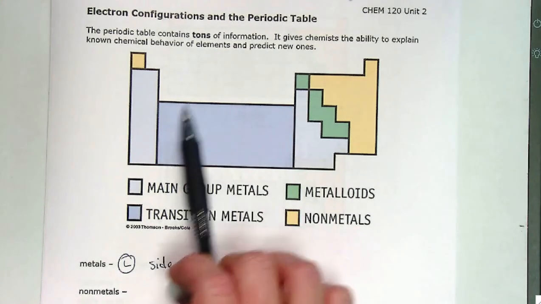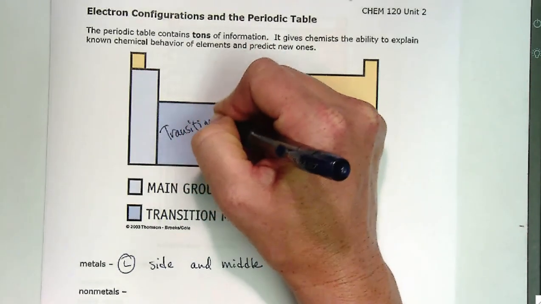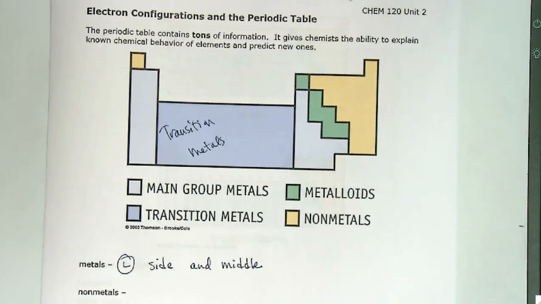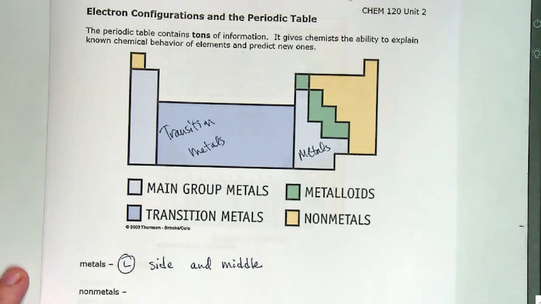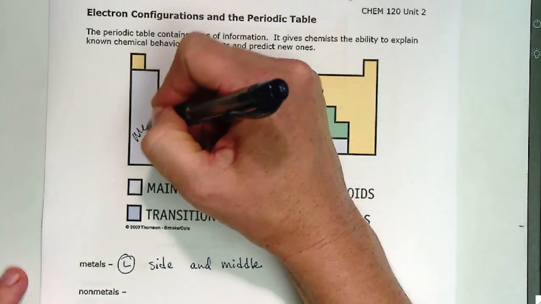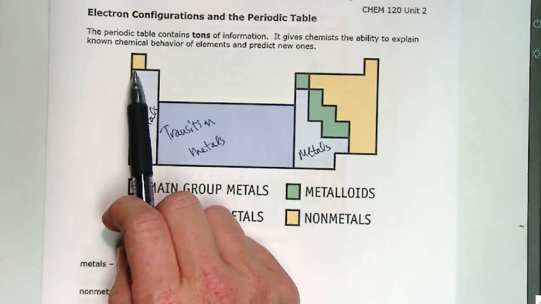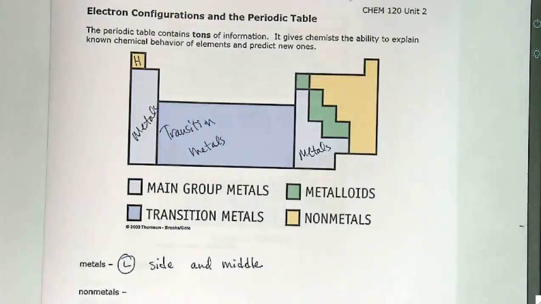These are transition metals in here. And there are more metals here. Now notice that this little element right up here, this one happens to be hydrogen, is not a metal. So that's important to distinguish.